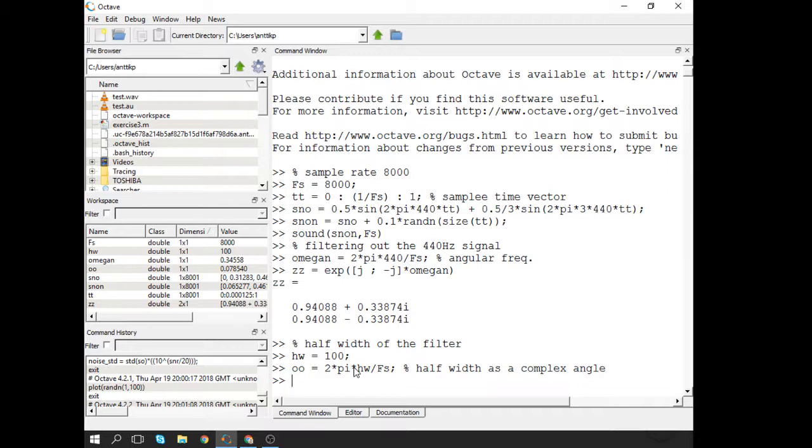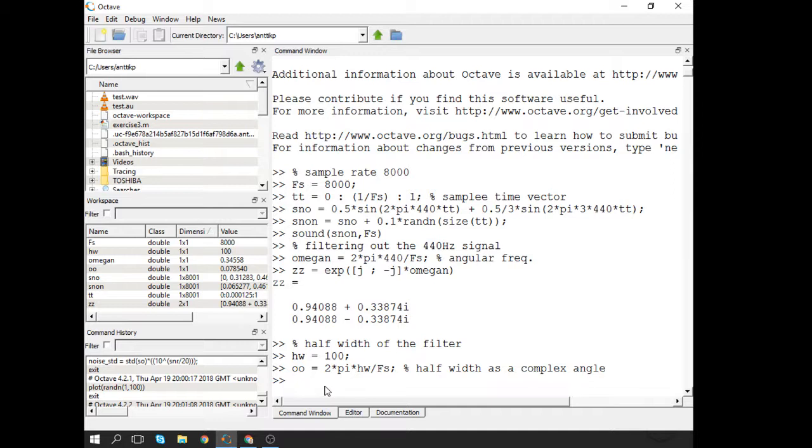Complex angles on the complex plane, you just multiply with the radius and you get the distance. Or if you have radius, then you can make it to the corresponding complex angle, meaning corresponding frequency. It's a scaling.